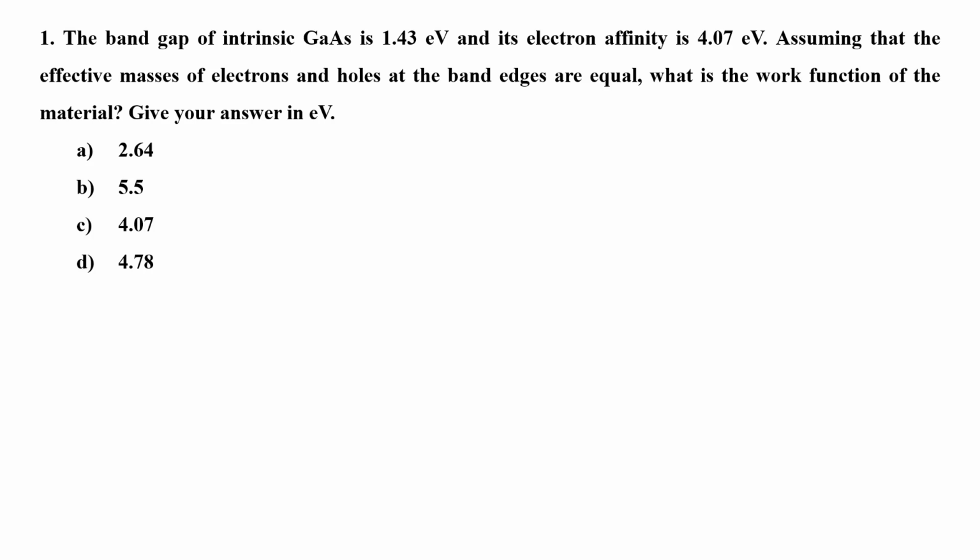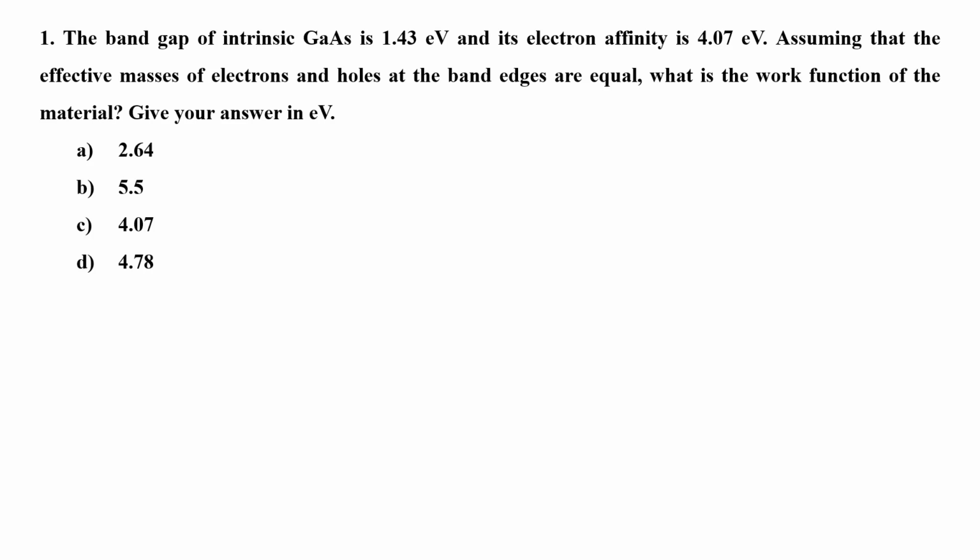So the question is: the band gap of intrinsic gallium arsenide is 1.43 and electron affinity is also given. Assuming the effective masses of electrons and holes at the band gap edges are equal, what is the work function of the material? Give your answer in electron volt.